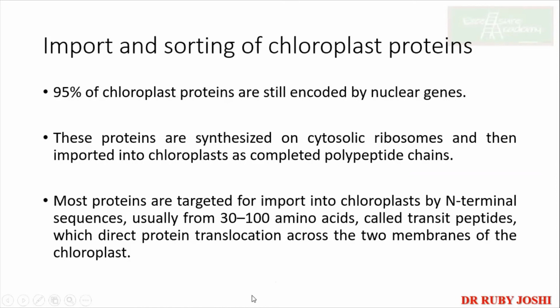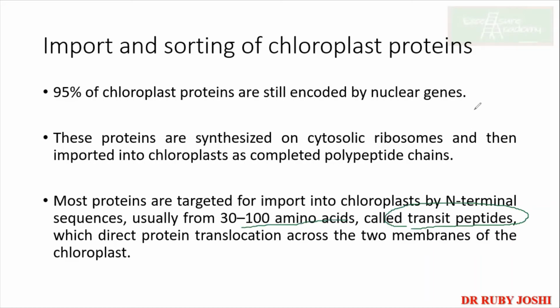Now let's talk about the protein sorting of the chloroplast. So 95% of the chloroplast proteins are encoded by the nuclear genes. Okay? The rest is by the chloroplast. Now, as in the case of the mitochondria, we had pre-sequences, correct? Now here we are calling those signal peptides transit peptides, which are around 30 to 100 amino acids.